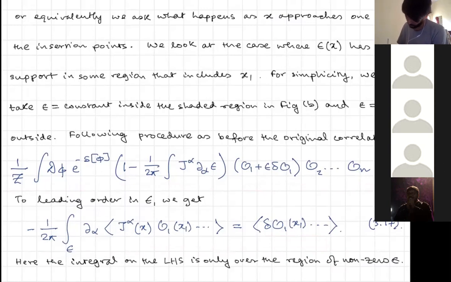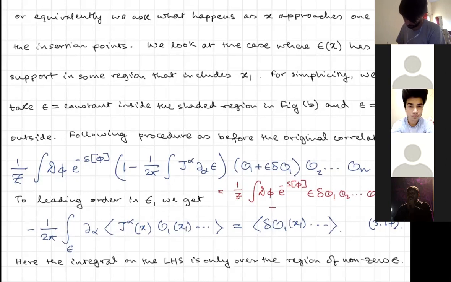So if you want, this is equal to 1 over Z integral of D phi e to the minus S of phi into epsilon times delta of O1 O2 through On, plus or minus, if you wish, 1 over Z integral D phi e to the minus S of phi.